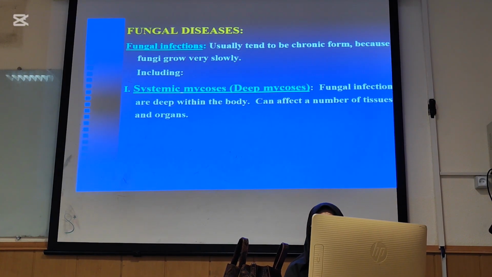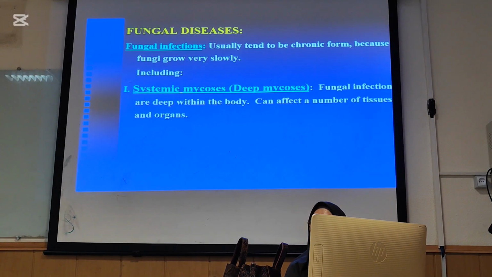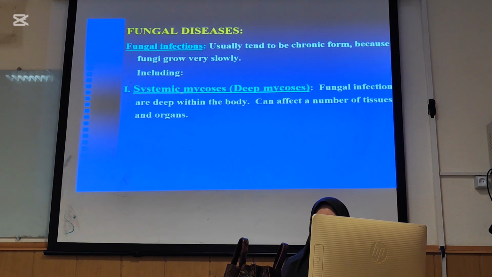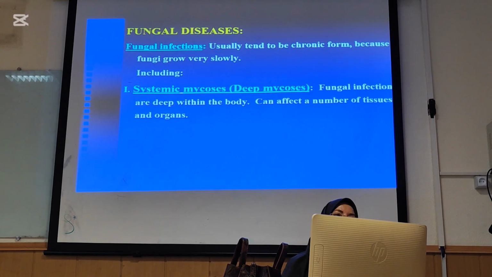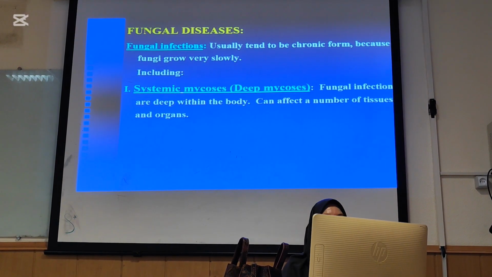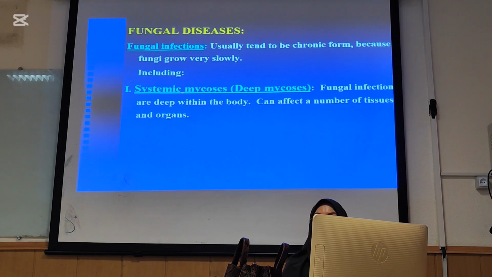The first group of fungal infection is named systemic mycosis or deep mycosis. What's mycosis? Myco means fungi, and -sis means infections or diseases. So systemic mycosis means fungal infections that usually are deep and can invade all of the organs through the blood or lymph.